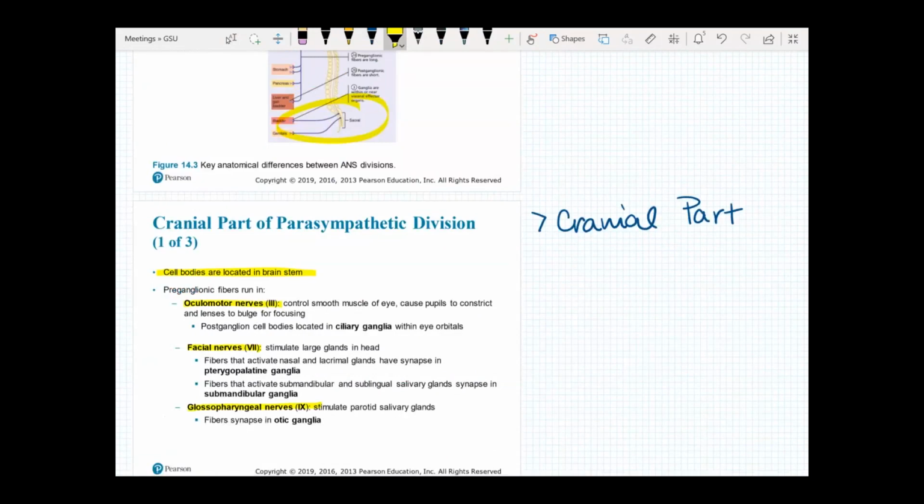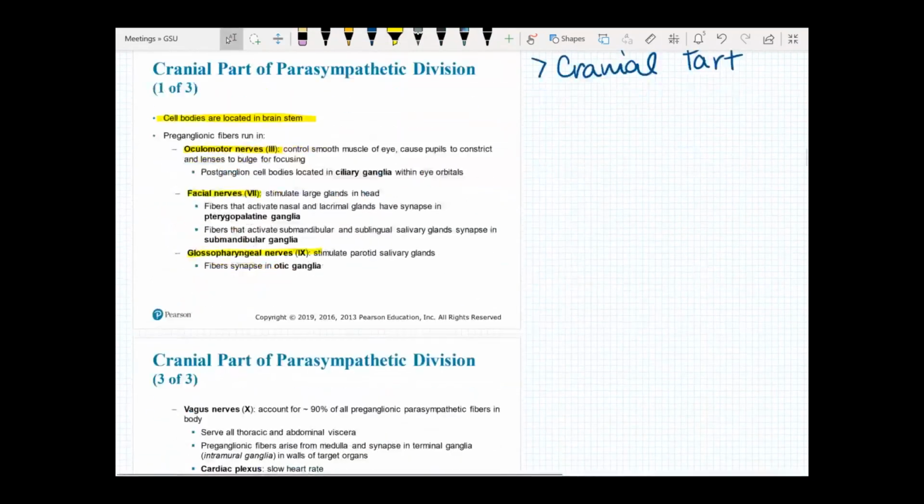So basically, this will do the entire parasympathetic innervation of the head. So this is going to be controlling the muscles of your eyes, pupils, and also the large glands in the head. So your lacrimal glands, your tear ducts, your nasal glands, your salivary glands, your submandibular, all of those will be controlled by facial nerve 7 and 9.